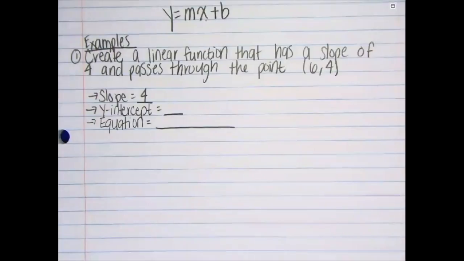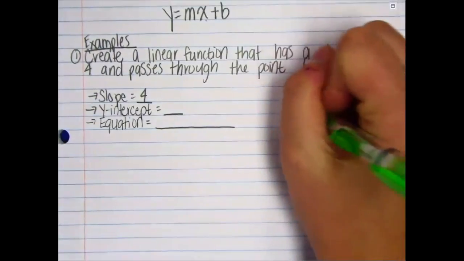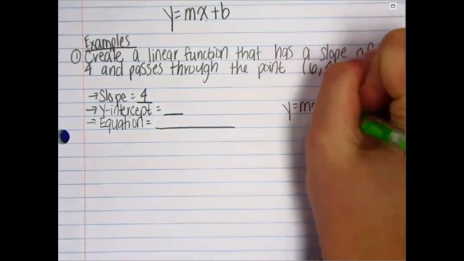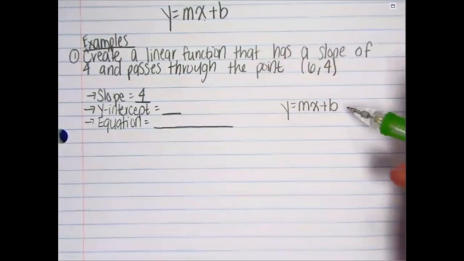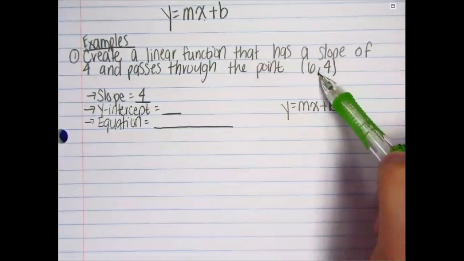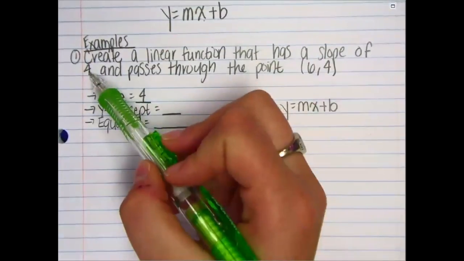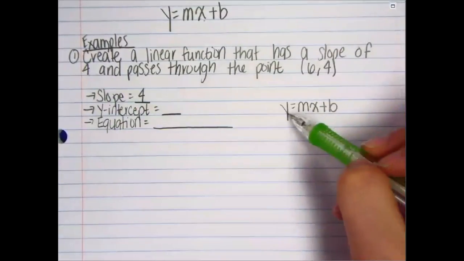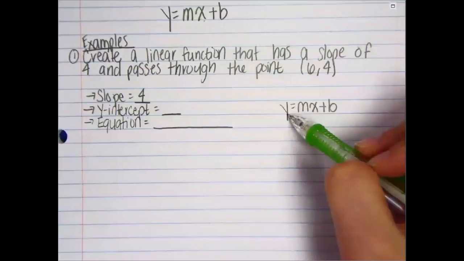All right, so the way that I would do it is if I have y equals mx plus b, I know that my equation has to be in this form. Knowing I have the point 6, 4 and I have the slope of 4. Do I have a y value? What is my y value? 4.